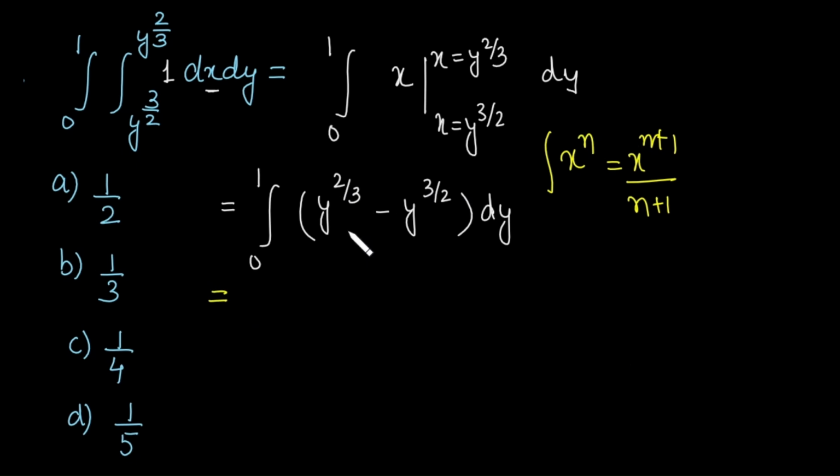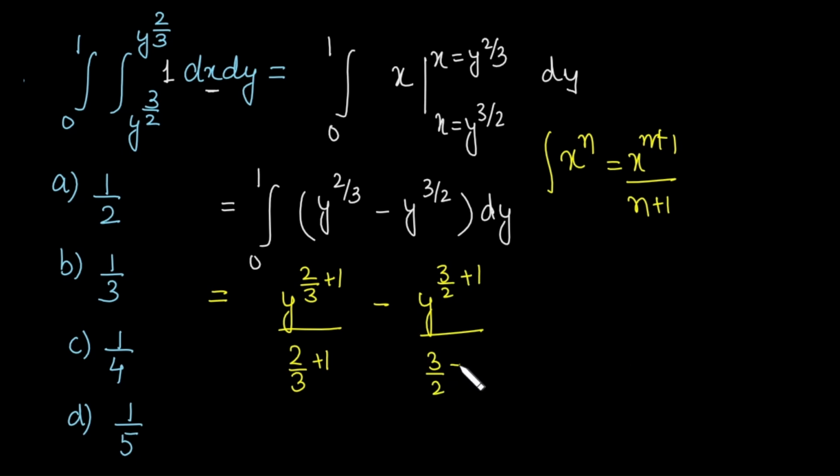So take its integration, that is y raised to power 2 by 3 plus 1 divided by 2 by 3 plus 1 minus y raised to power 3 by 2 plus 1 divided by 3 by 2 plus 1 and the limit of y is 0 to 1.